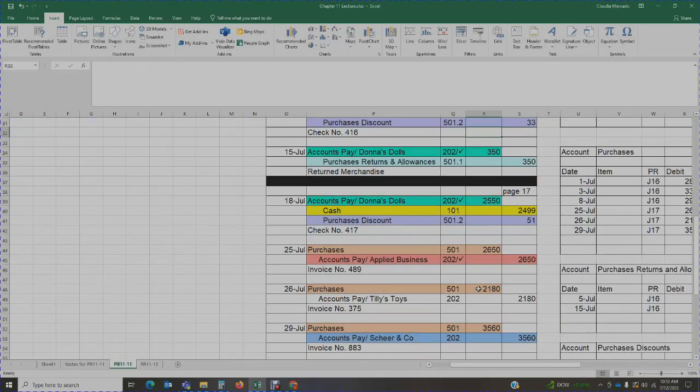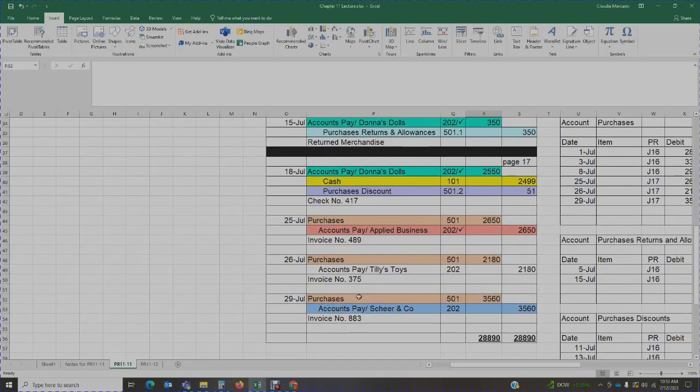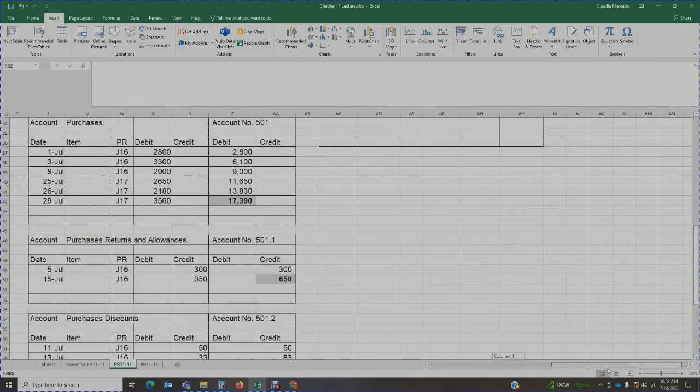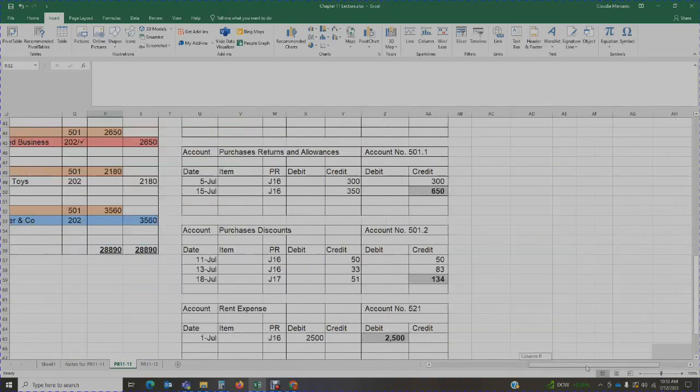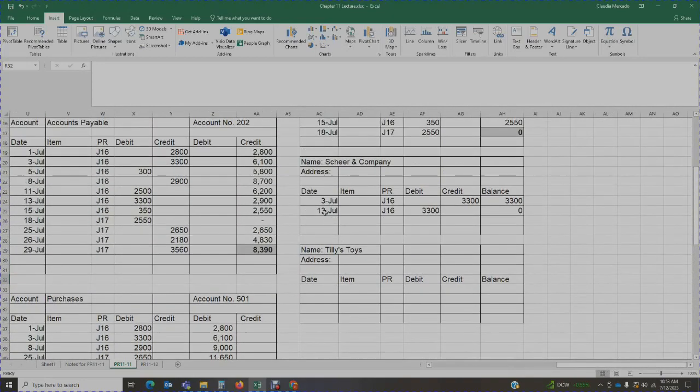And then at the end of the month, on July the 29th, we made another purchase on account from Shearer & Company for $35.60. Okay, that is happening on the 29th. Journal 17, and we've got a credit of $35.60.